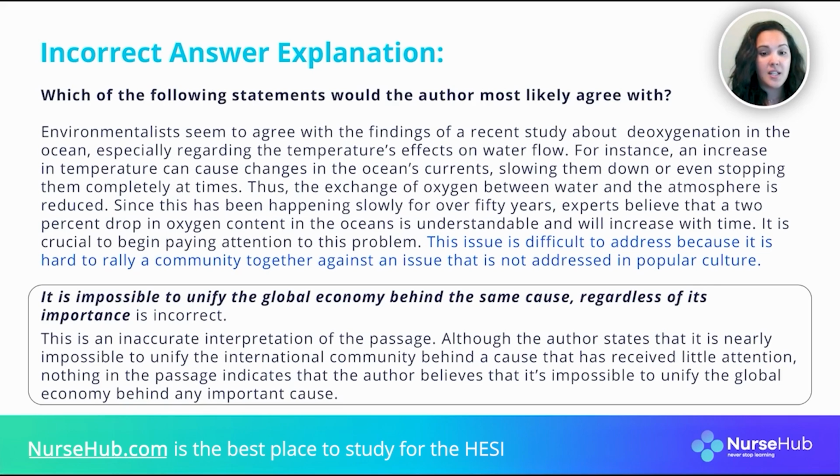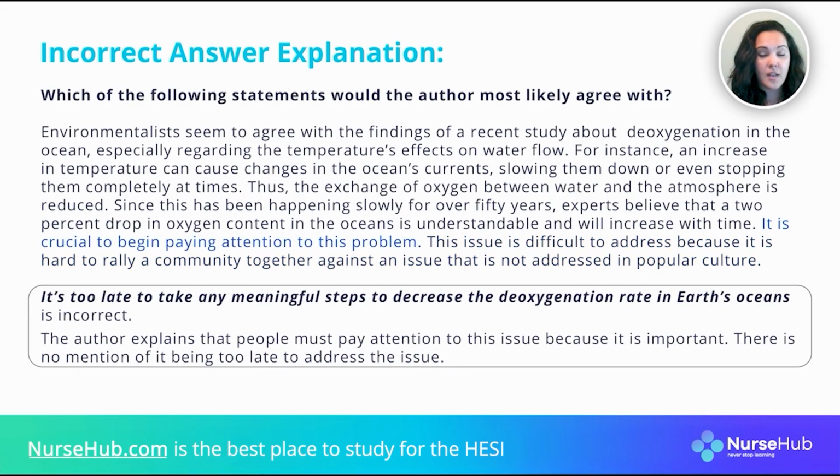Nothing in the passage indicates that the author believes that it's impossible to unify the global economy behind any important cause. So if you chose this, you may have thought that it was being more specific, but this answer choice is actually very general and therefore is not correct.